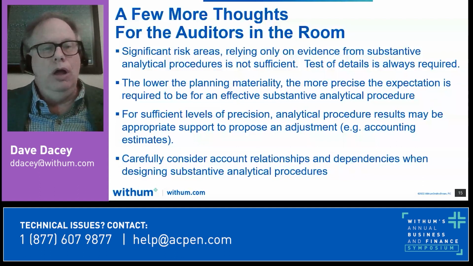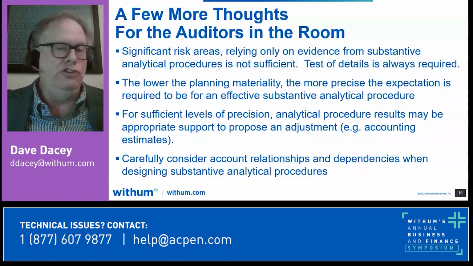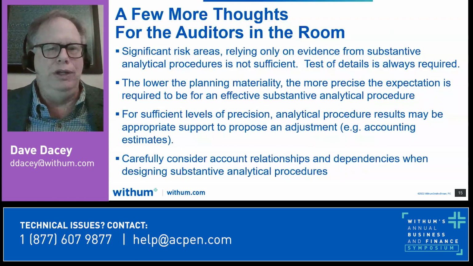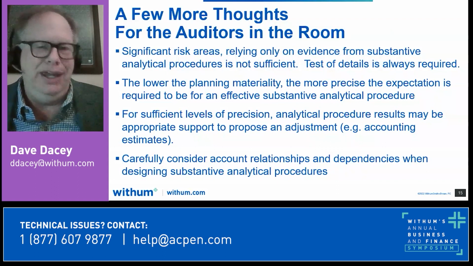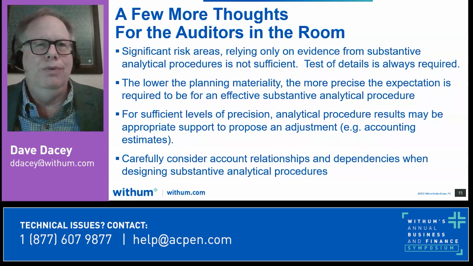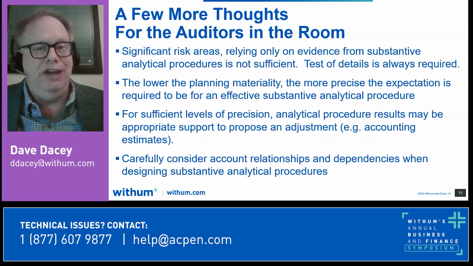Now, the second point, planning materiality, which is a concept that every auditor understands. We do a calculation at the beginning of an audit where we quantify the amount of error that we think is acceptable to be included in a set of financial statements without them being considered to be misleading.